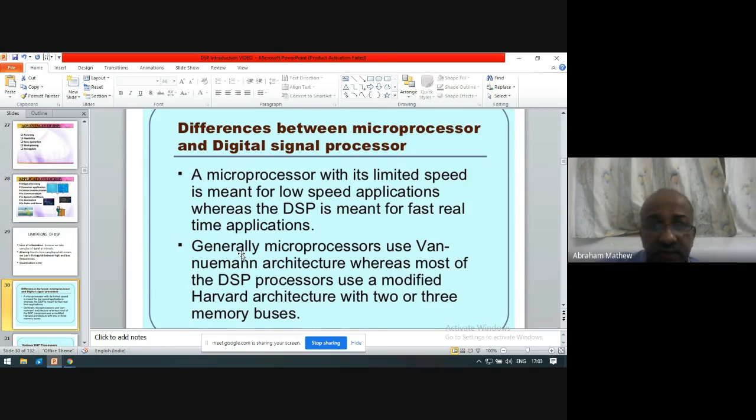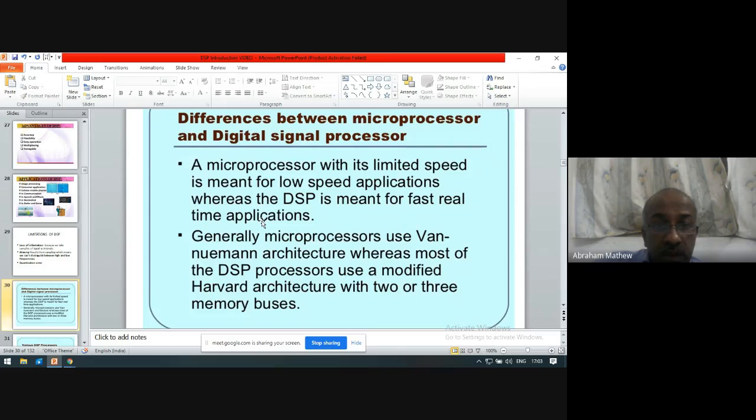We are all familiar with the microprocessor, and there is a difference between a microprocessor and a digital signal processor. A microprocessor with its limited speed can be applied for low speed applications, whereas DSP is meant for fast and real-time applications.